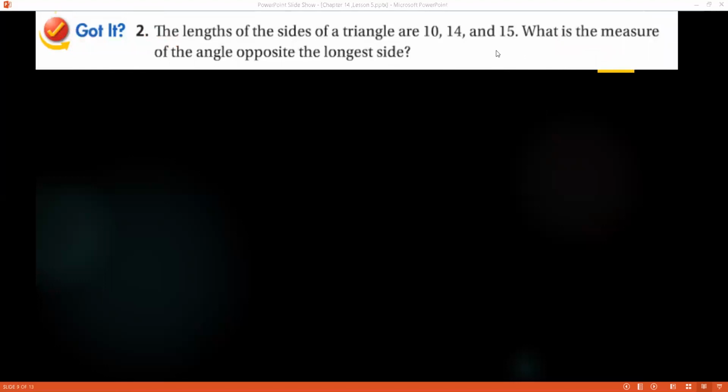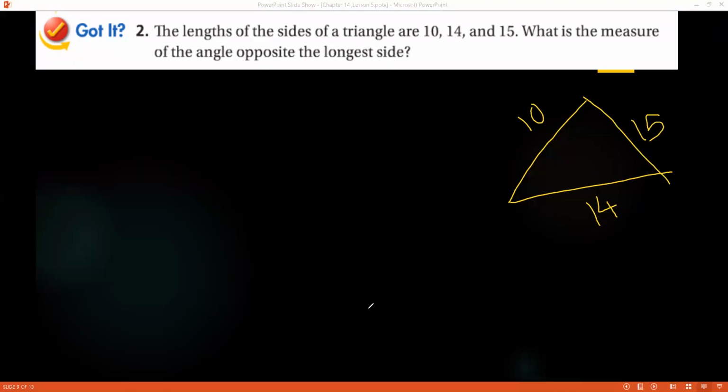Here we have now 10, 14, 15, and I want to find the measure of the angle opposite to the longest side.